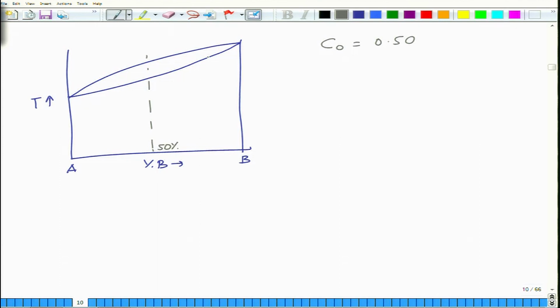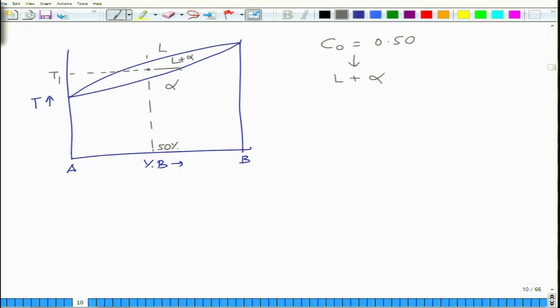C naught is in mole fraction, and then you take a fixed temperature T1 let us say. So, I want to determine the, so you have two phases, liquid plus alpha.